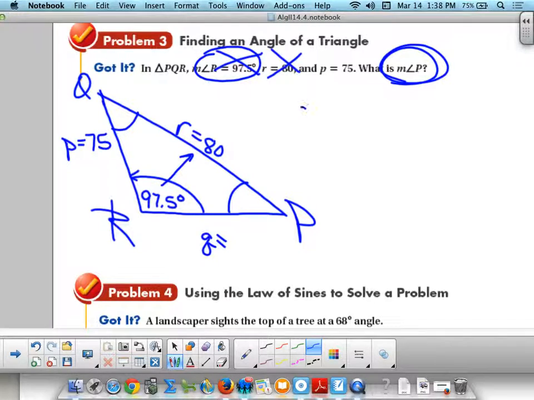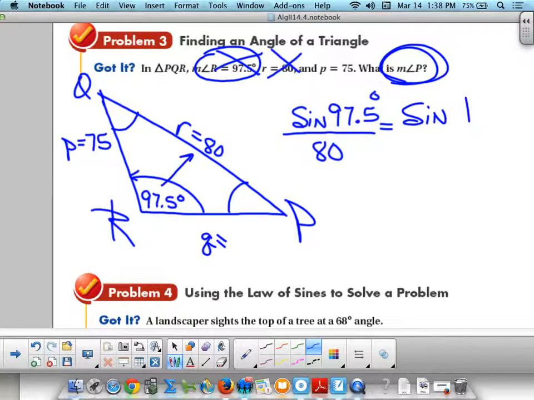Here we go. Sine of 97.5 over 80 should equal what other ratio? Sine of P over 75. Okay, that gets you points on a quiz or a test.